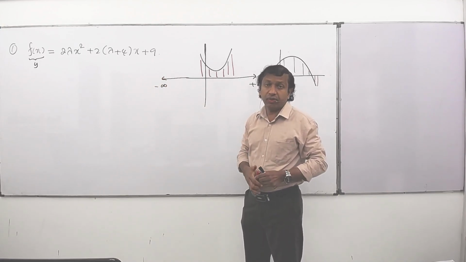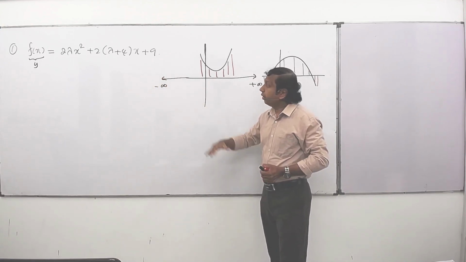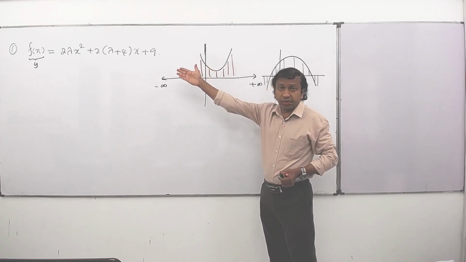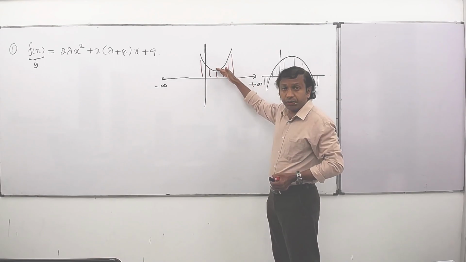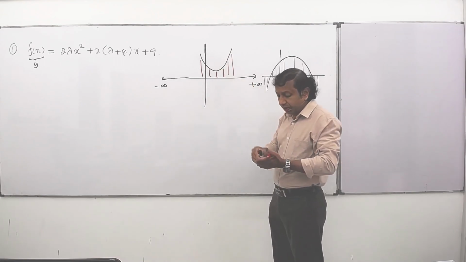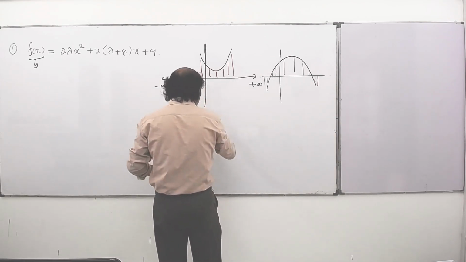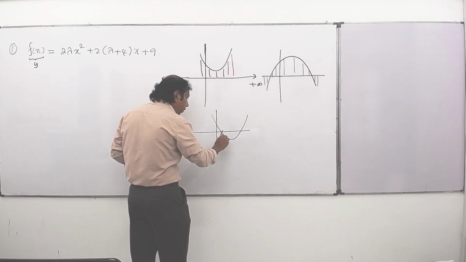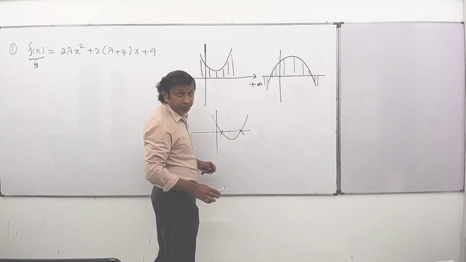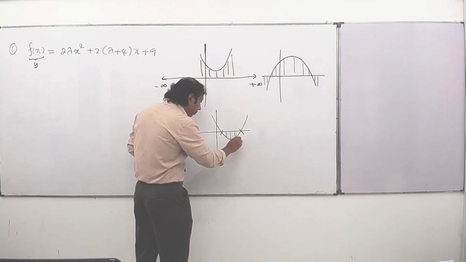Then definitely the representing graph should be a minimum graph like this, and the graph should not cut the x-axis. If it cuts the x-axis, the graph will be like this, and between these two values of x, the y value becomes negative.